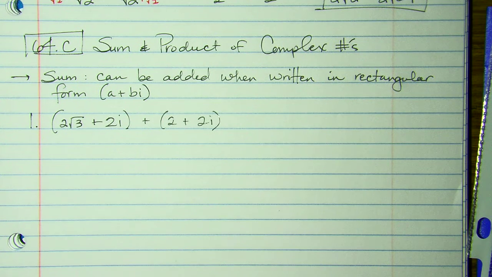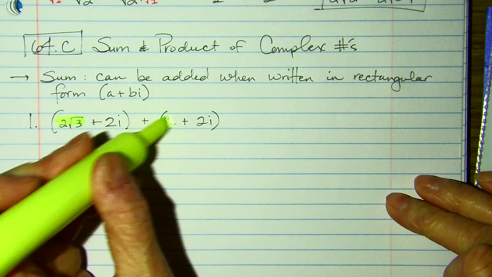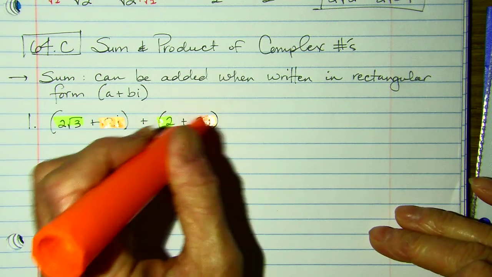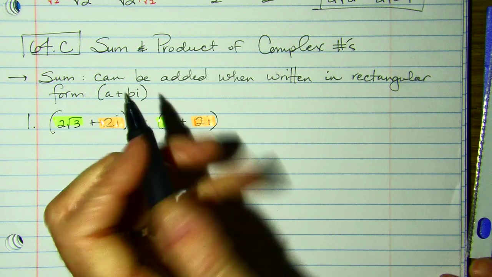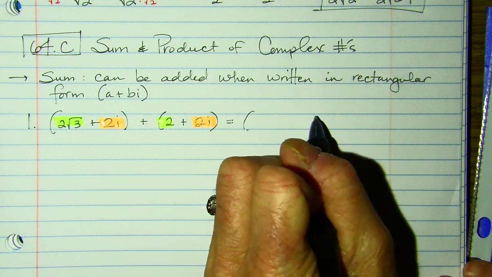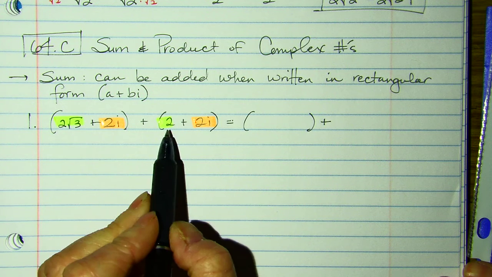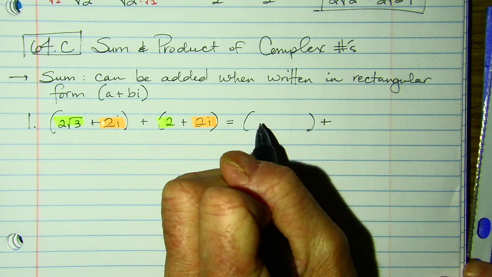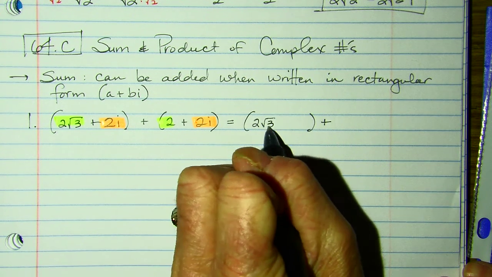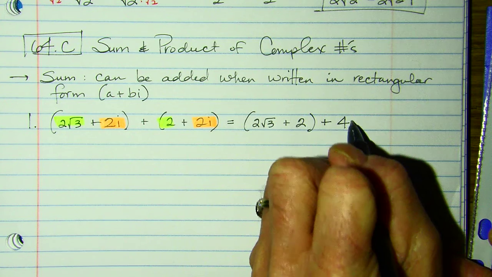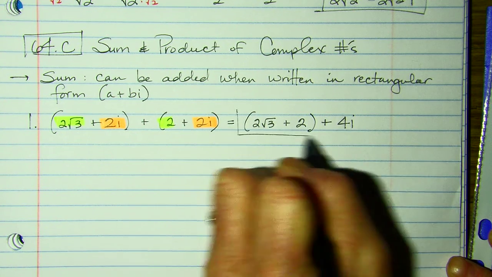Now you can combine your real parts, so I'm going to combine 2 root 3 and 2, and I'm going to combine my imaginary. 2 root 3 and 2 are not like terms, so I'm just going to write exactly that, 2 root 3 plus 2, because I cannot combine them. But I can combine my imaginary, and that just gives me 4i. And that's the answer.